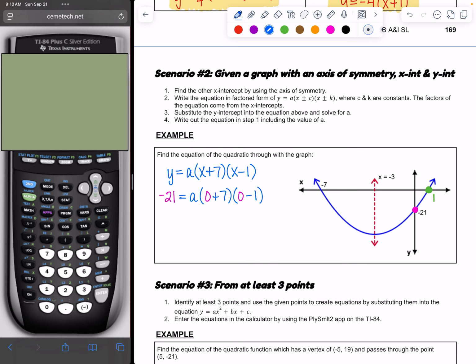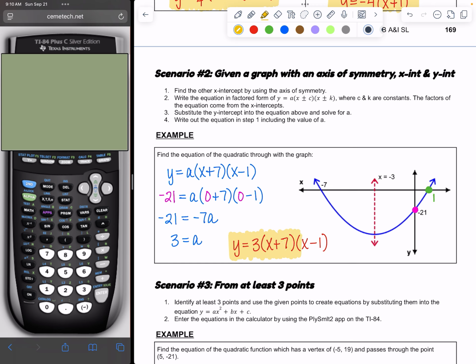And when we simplify, we will end up getting -21 is equal to -7 times a, which means that a is equal to 3. So now that we have that, we can have y is equal to 3 times (x plus 7) times (x minus 1). So that is our equation in factored form.